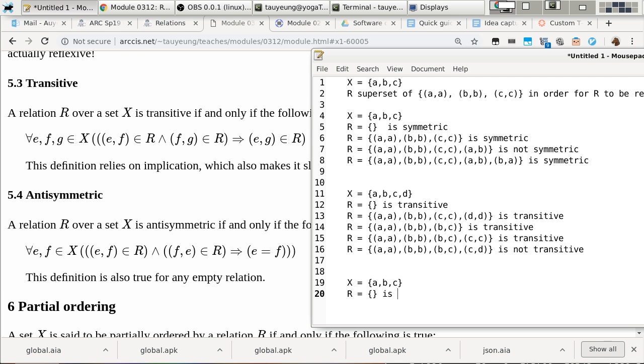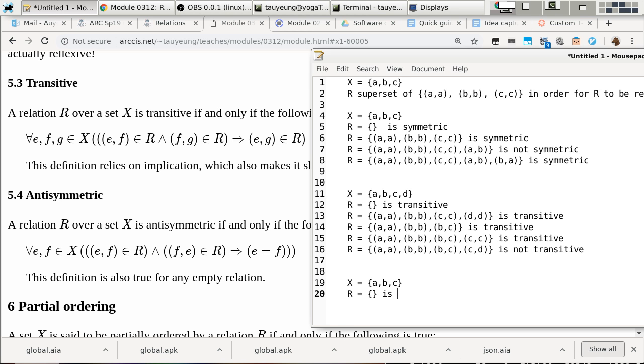If it's a disjunction, it's a little bit tricky because you can have at least one side being true, making the whole thing true. But because this is a conjunction, which means if at least one thing is false, the whole thing is going to be false. And since R is empty, there's no way to make the conjunction true. So the left-hand side of the implication has to be false, which means the implication itself has to be true. Is that okay? All right.